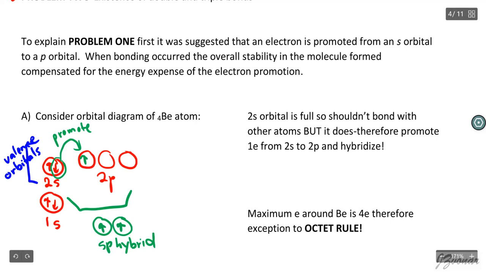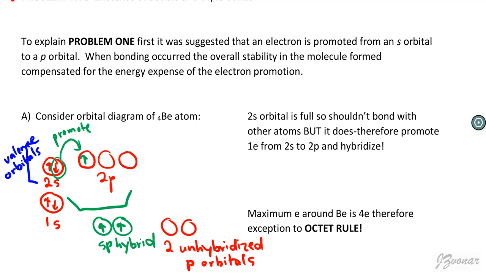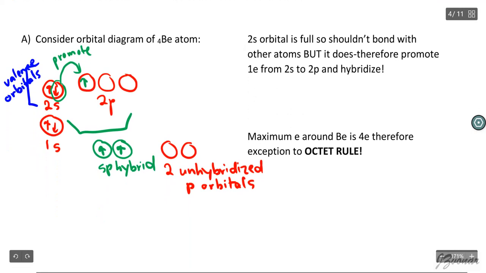Don't forget, the other 2 p orbitals are still there; we call them unhybridized p orbitals. They still exist. So now this sp hybrid has the ability to bond with other atoms, and it has a special shape. It is linear.